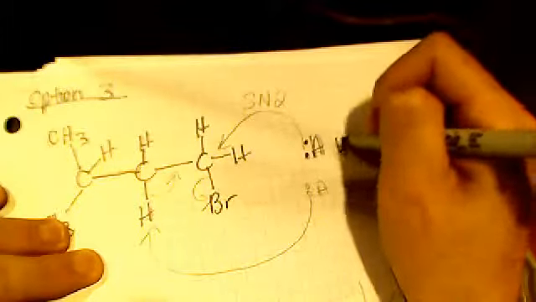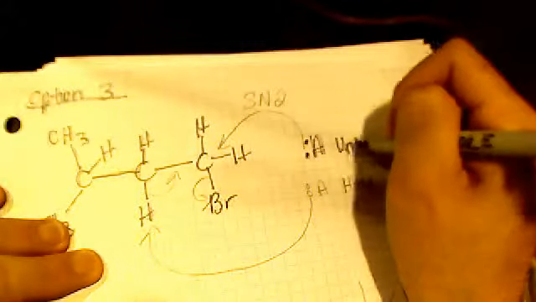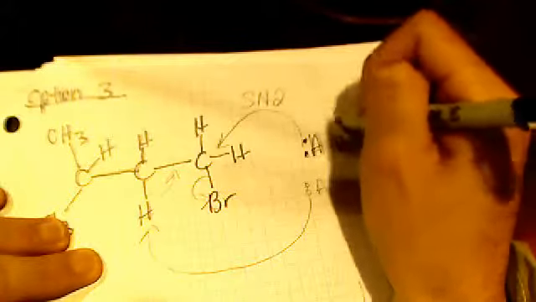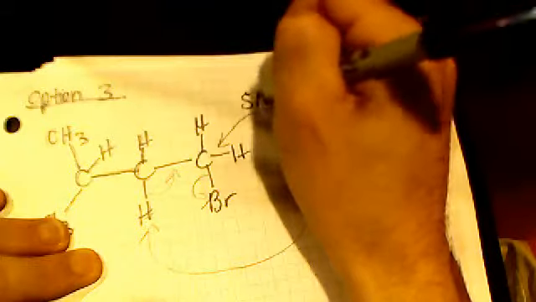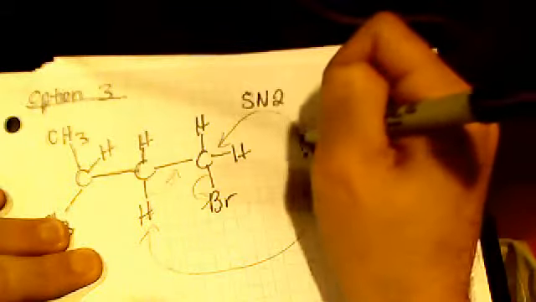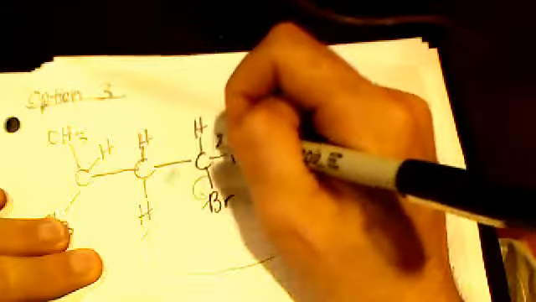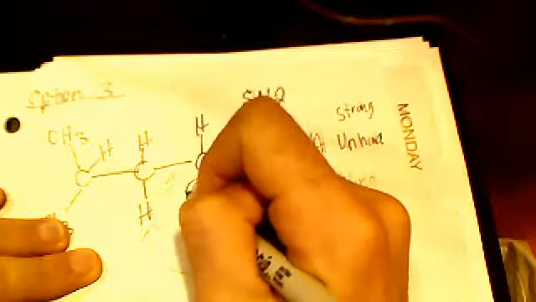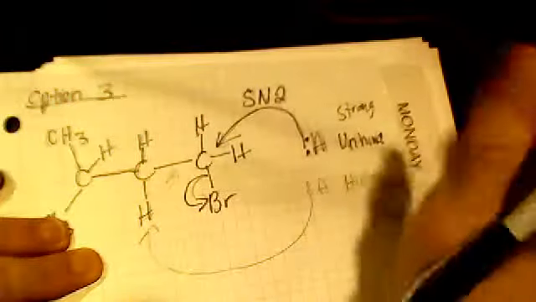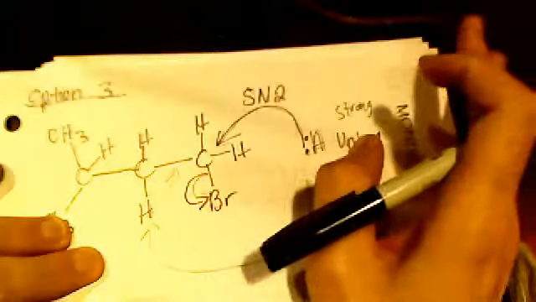Now, if the strong base is unhindered, right? A strong base with a primary halide like that is going to make an SN2 reaction. It's just going to come in here and attack and push off the bromine. And then we'll have the base connected to this. We're not going to get a double bond. So we know that wouldn't work.